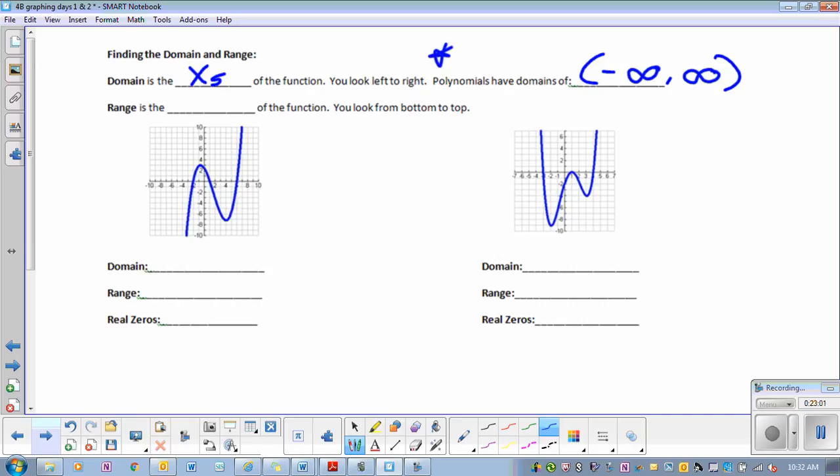Which values? If domain is x's, range is y's. Good, the y values, right? And you basically look from the bottom up to the top. So, let's talk about the domain for the first one. What is the domain? What I say, always. Yeah, but what is the domain for polynomials, guys?